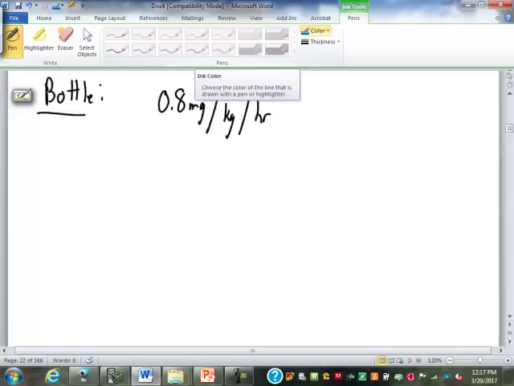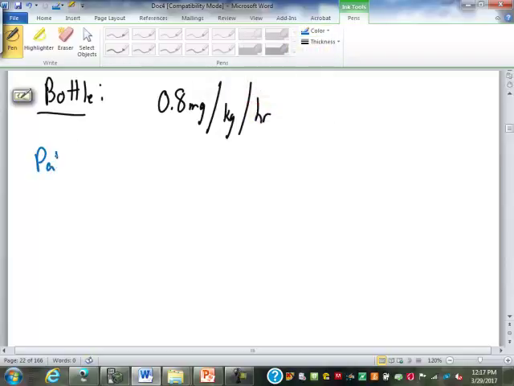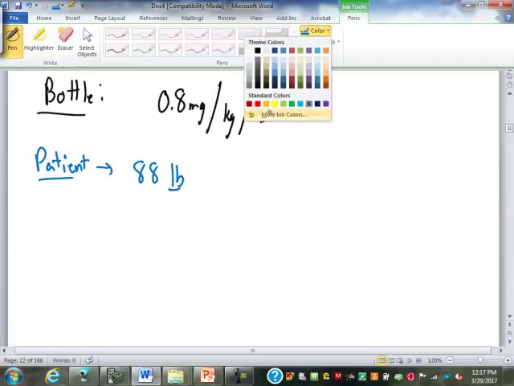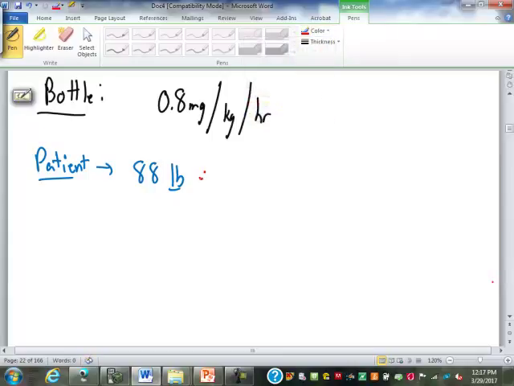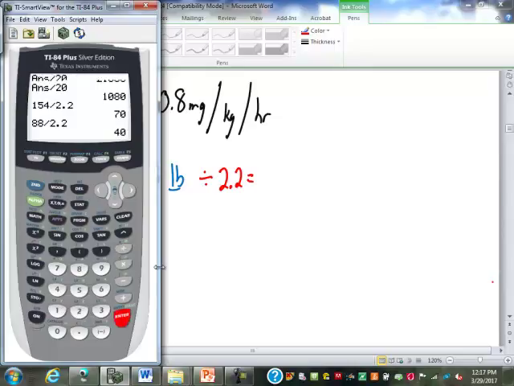We are also looking at a patient who comes in with a weight of 88, I don't want to put kilograms, 88 pounds, I should say. 88 pounds. Well, my first step, I'm going to take that 88 pounds, divide it by 2.2, gives me 40 kilograms.